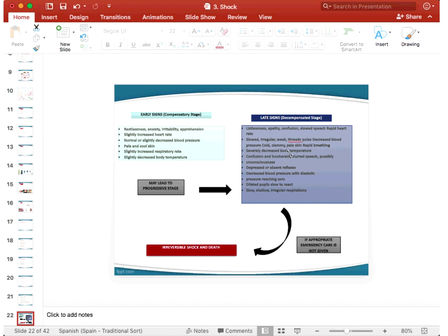So you can act by looking at this. It's not very difficult to look at these clinical signs, is it? No?